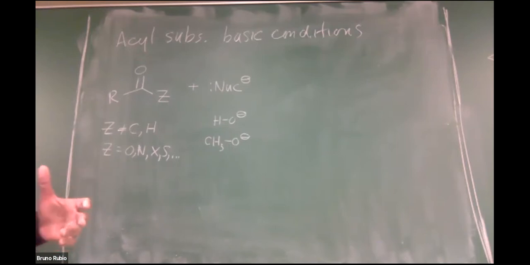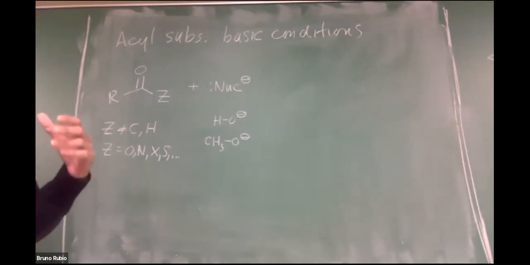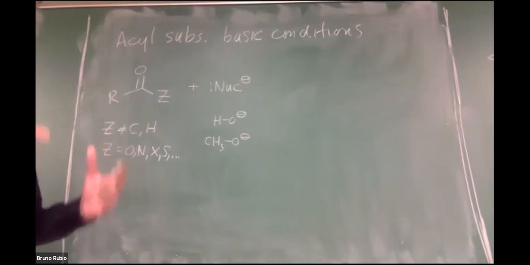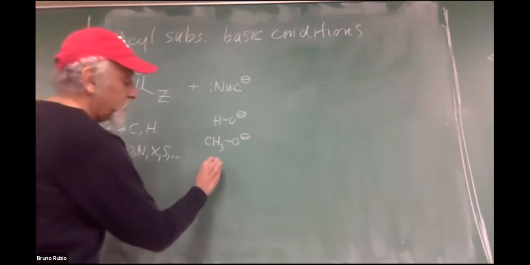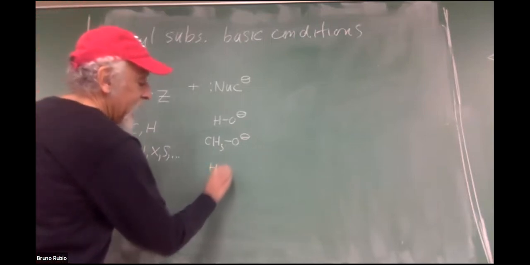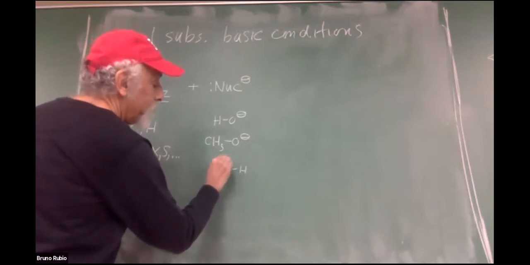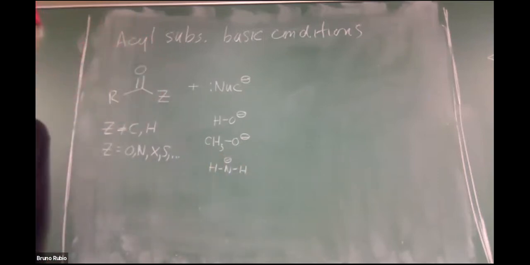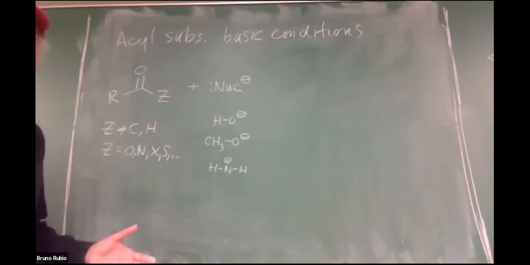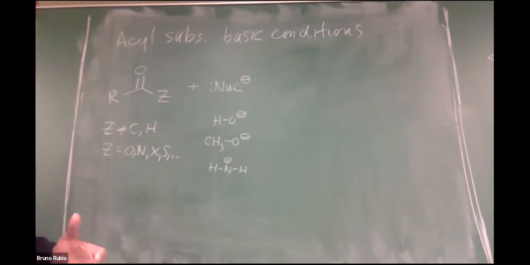Under acidic conditions, the nucleophile is going to be NH3. But under basic conditions, the nucleophile is going to be NH2 minus. So you get the picture, right? The nucleophile under basic conditions is going to have a negative charge on it.